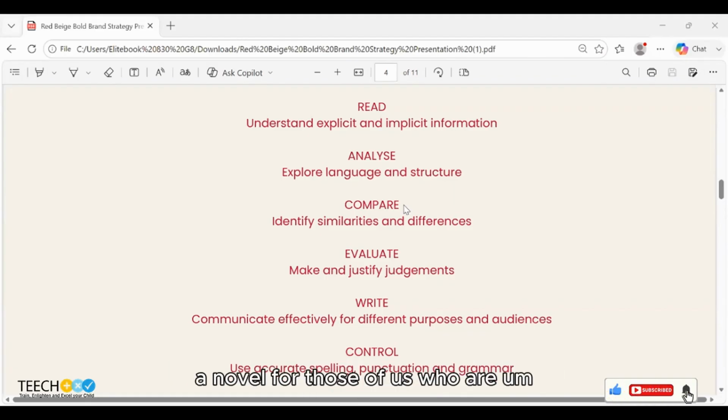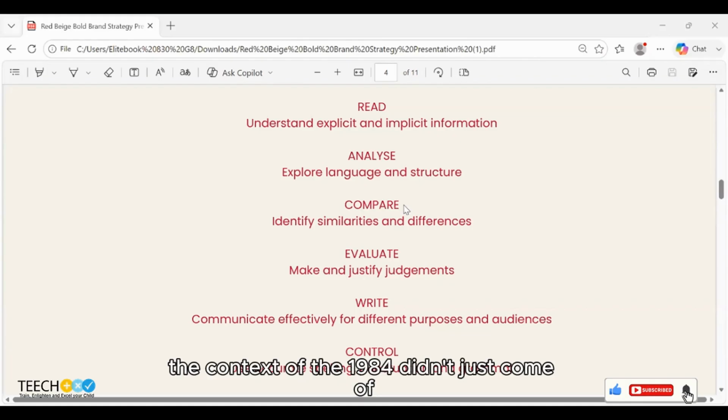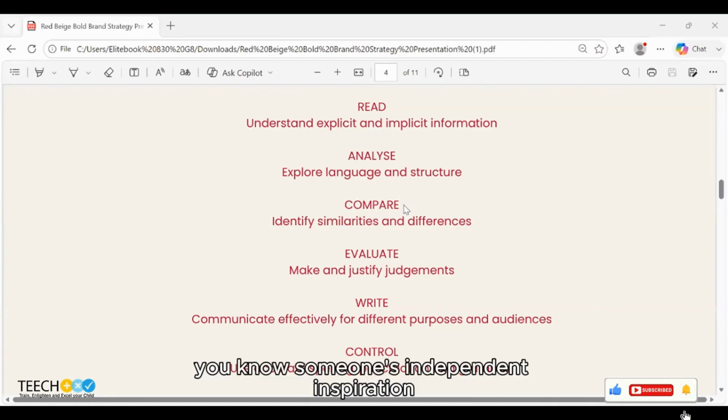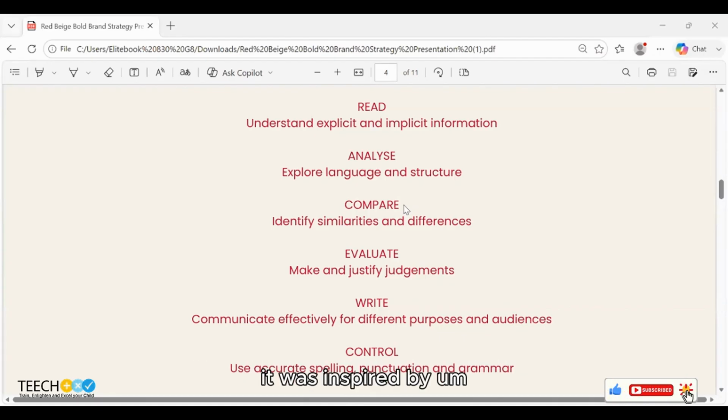For those of us who love to read books, take a book like 1984. The context of 1984 didn't just come from someone's independent inspiration. It was inspired by historical happenings at that time. Stalin and Hitler, their system of government, the totalitarian government, influenced the writing of the book 1984.